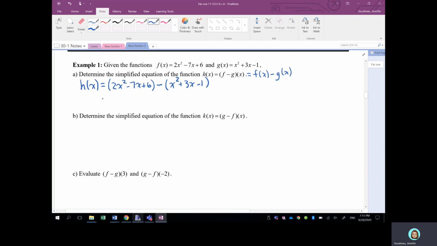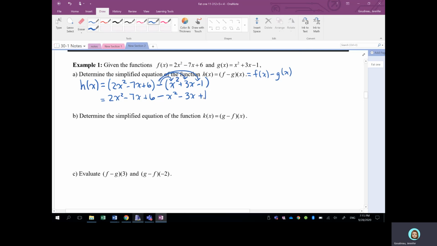When I remove the brackets, h at x equals, nothing much changes with our first function, but what we have to remember is with the second function, when I remove the brackets, that negative gets distributed to every term of that function. So it becomes minus x squared minus 3x plus 1.